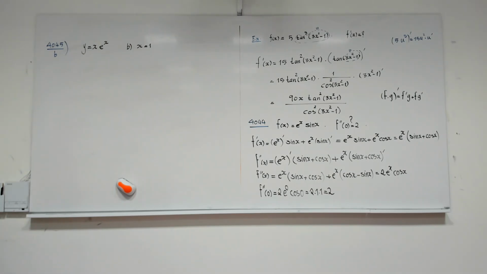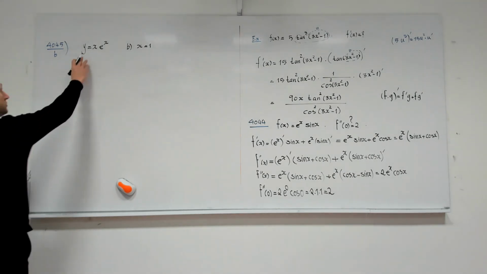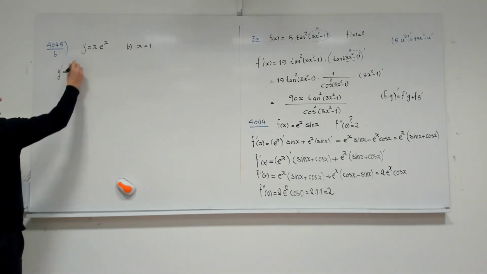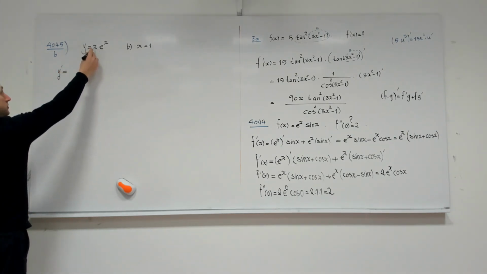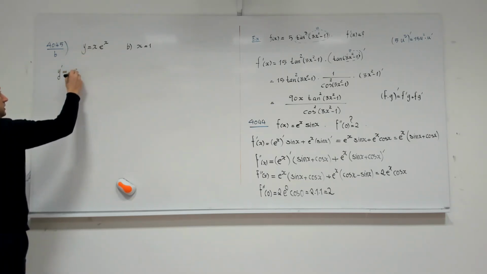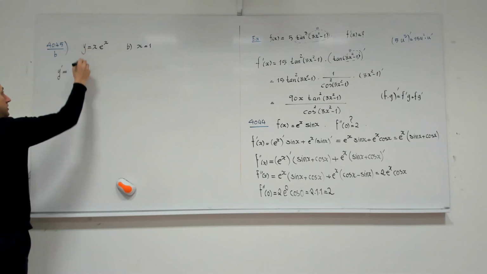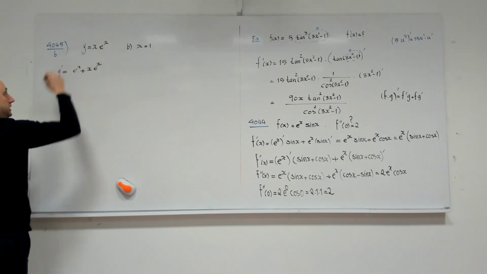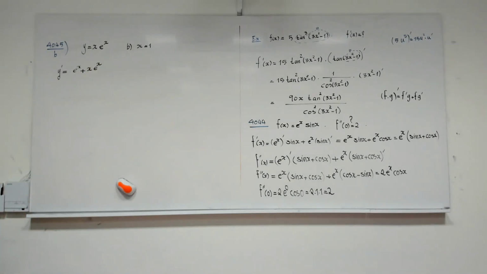Yes, what we are supposed to do, I need to find the derivative of my function first. So the derivative of my function is the product rule, so it becomes the derivative of the first one, which is 1 multiplied by the second one, plus the first one multiplied by the derivative of the second one, but the derivative of e to power x is equal to e to power x. So that is my derivative.